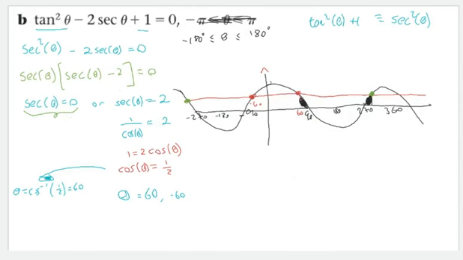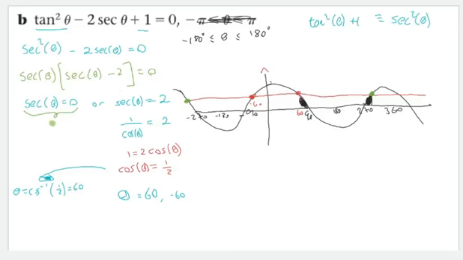Oh, wait. No, cos negative 1 of 0 equals 0. That's not true. Oh no, cos negative 1 of 1 equals 0. Cos minus 1 of 1 is indeed 0, yes.